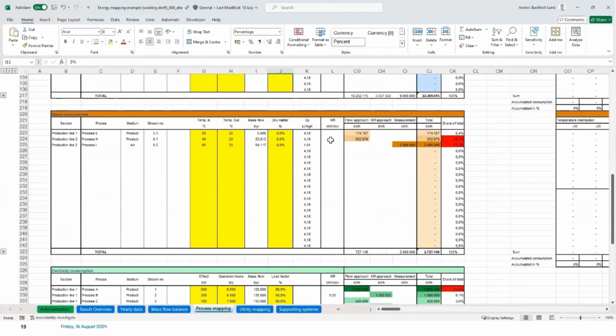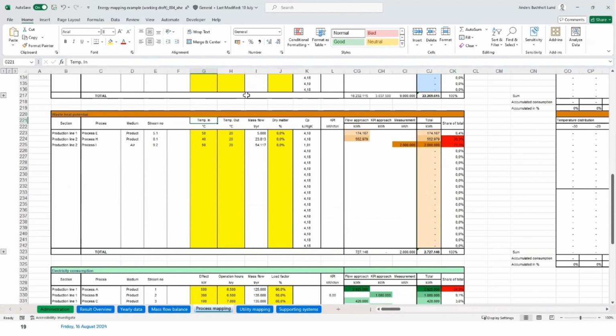This is an element that we have included because mapping potential waste heat streams is often quite useful, because you can have discussions on how to reintegrate these waste heat streams into the process, saving primary energy. And the way that we have done it here is that we often have the initial temperature of the waste heat stream.